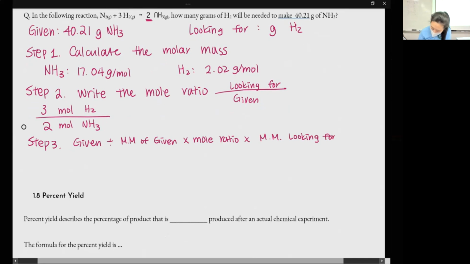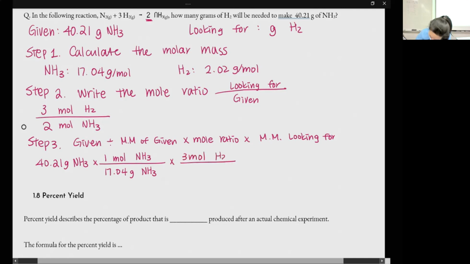Okay, it's going to be a little longer. So 40.21 grams of NH3 times 1 mole of NH3 over 17.04 grams of NH3, times the mole ratio, which is going to be 3 mole of H2 over 2 mole of NH3, times our molar mass of looking for, which is going to be 2.02.